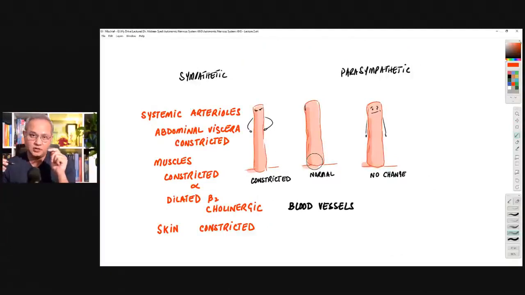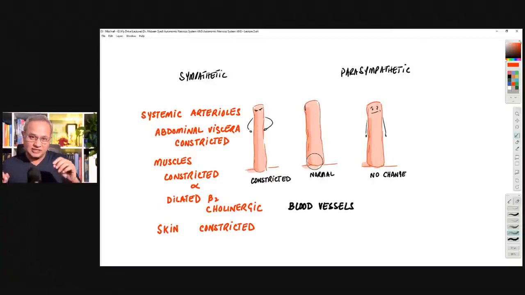Blood vessels. Very simple idea. In the case of the sympathetic system, what do we want to do? We want the brain to be more active. We're running away from a lion. We have to think about climbing up stuff very fast. And we want the muscles to be active.